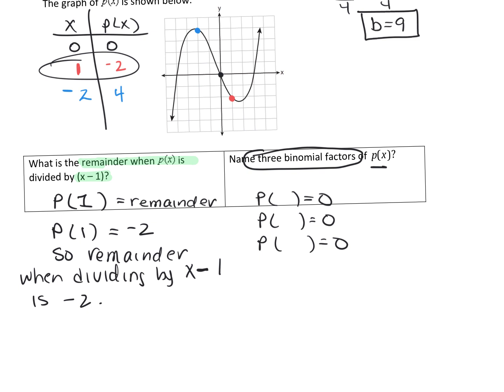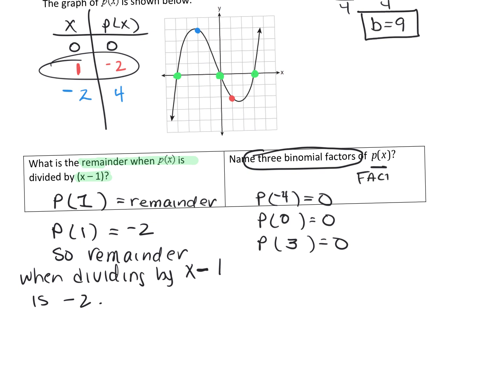When does that happen? Well, we said it happened here at the point 0, 0. What other points does it happen at? -4 at 0. And what's the other point? Okay. So I know if I put in a -4 into the function, I get 0. If I put 0 into the function, I get 0. And if I put +3 into the function, I get 0. So there's 3 times where I would have no remainder.